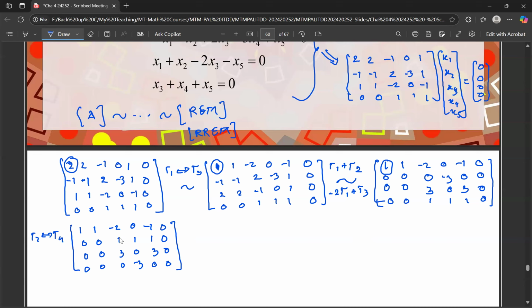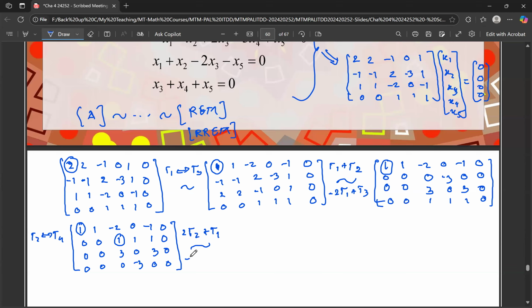By using this leading one, we also make -2 zero. So 2 times row 2 added to row 1 to make this one zero.